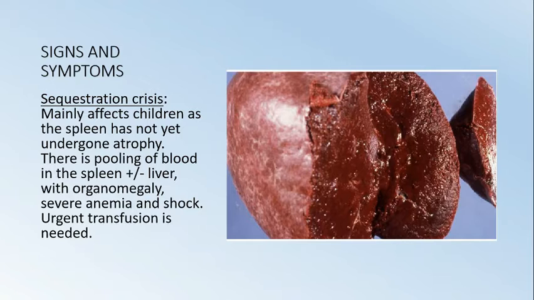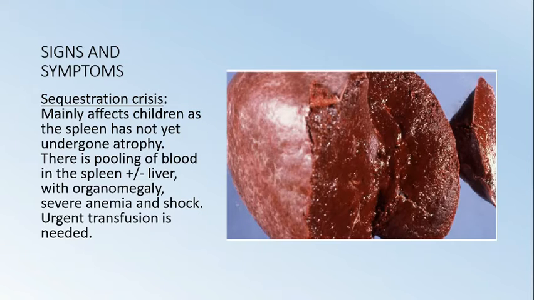Splenic function is frequently lost within the first 18 to 36 months. As I said, it mainly affects children very early in life, and this causes susceptibility to infection. A very common infection you see here is pneumococci.